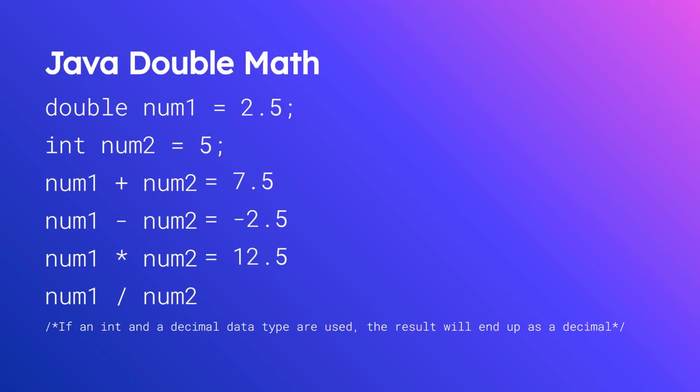And then num1 over num2. Am I allowed to use a calculator? Yes, you are. Okay. Yes, thank you, Adam. 0.5. Okay, that was a typo. It's 0.5.